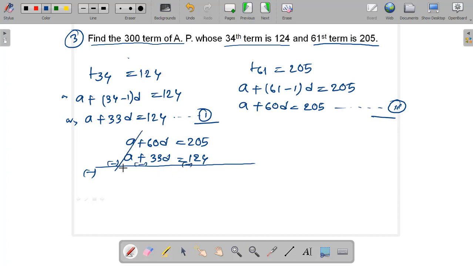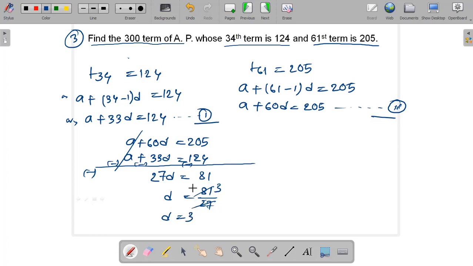So a simply cuts, and 60d minus 33d, what do we get? 7 and 2, 27d is equal to 81. So d equals 81 by 27. So 27 3s are 81. So the value of d is 3.